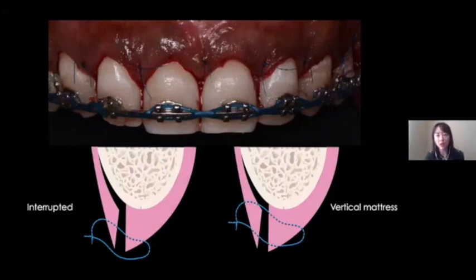The suture technique that I often use for aesthetic crown lengthening is either interrupted or vertical mattress. You can go either way, whichever you feel comfortable with, it will work. Regarding the suture material, I personally prefer the monofilament suture because it has less plaque accumulation, and I don't need to worry about the hygiene of the patient.